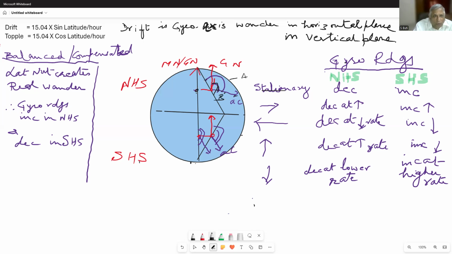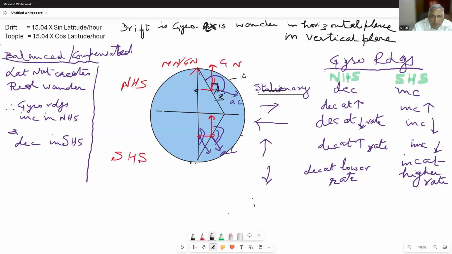Or we can say even in a stationary gyro, due to gyro drift, also called apparent wander due to Earth rotation in a stationary aircraft, means over the same place, in the northern hemisphere, readings will decrease.